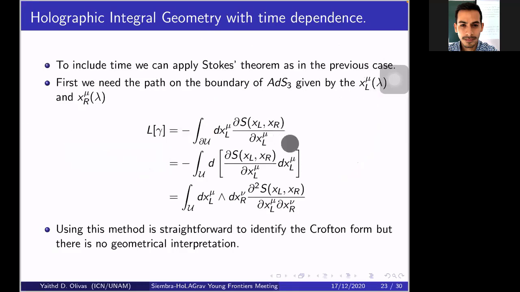And starting from the differential entropy formula, I'm going to integrate over some region that at the end is going to be the boundary of some other region. So if I use Stokes' theorem, I will end up with this expression right here. So there is no problem with obtaining the Crofton form, but the problem is that we don't have a geometrical interpretation.